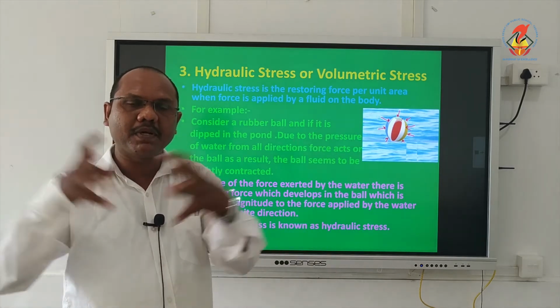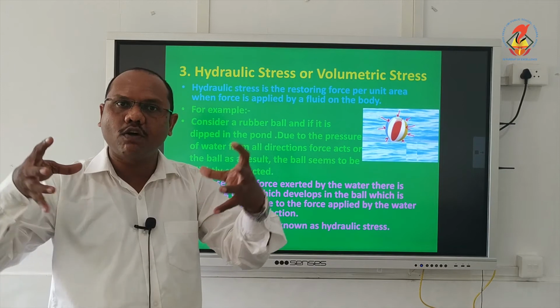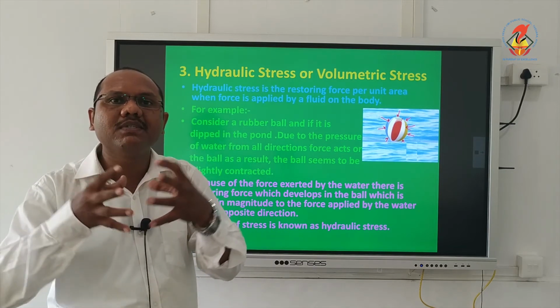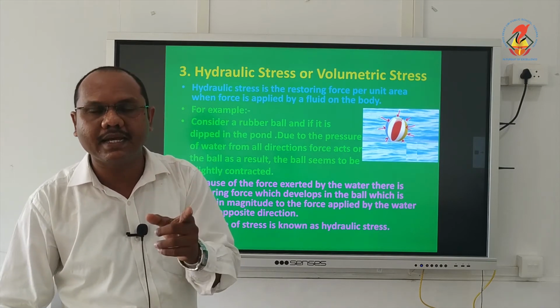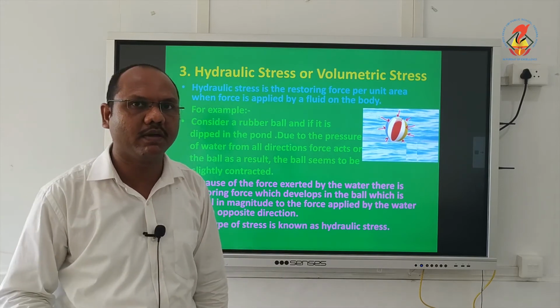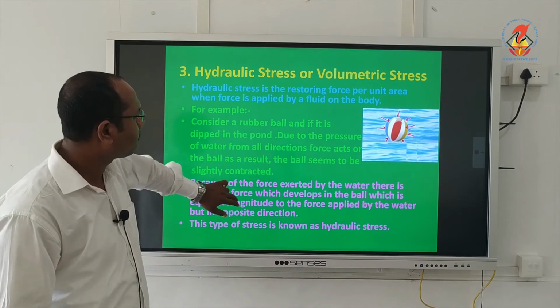The ball is compressed by the water pressure from all sides, and since the ball is soft, it will be squeezed, so the volume is decreasing. Change in volume is taken as delta V. Change in volume divided by the original volume is called hydraulic strain.